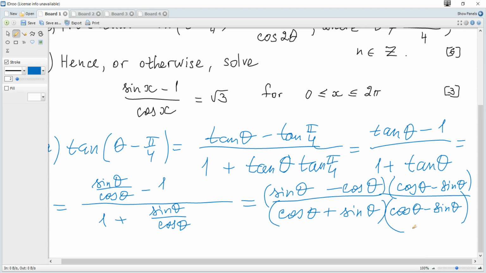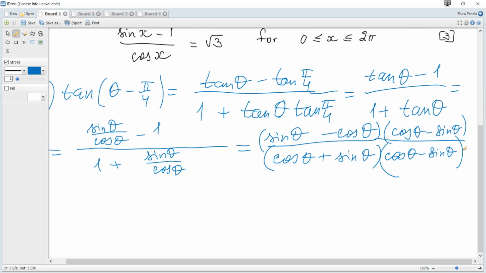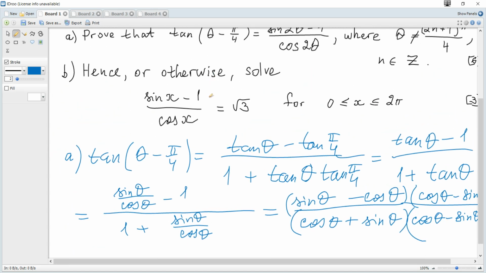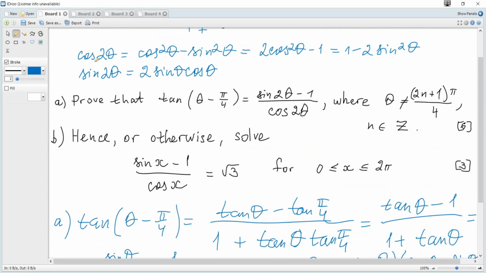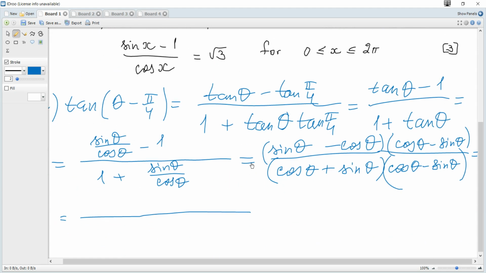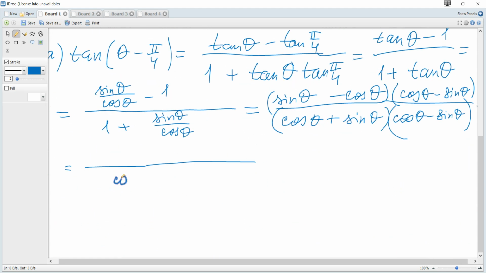A squared minus b squared, arises in the denominator, and cosine squared minus sine squared, it's what? It's cosine of 2 theta, as required. So it becomes cosine squared minus sine squared in the denominator.